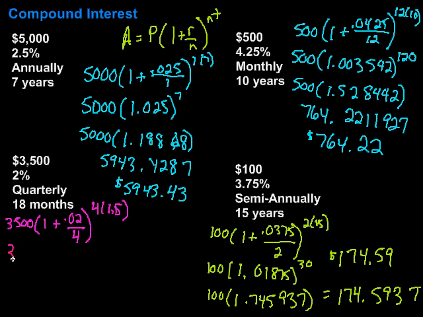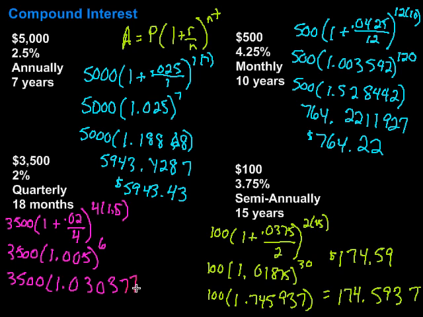It's 1.5 years. So be careful that you're using the correct units. So then, same situation, we're going to go ahead and take 0.02 and divide it by 4, and I'm going to add it to 1 at the same time, so 1.005, and that's to the 4 times 1.5, which would be 6th power. Okay, then do that power thing first, so 3,500 times 1.005 to the 6th power, which gives me 1.03073775.